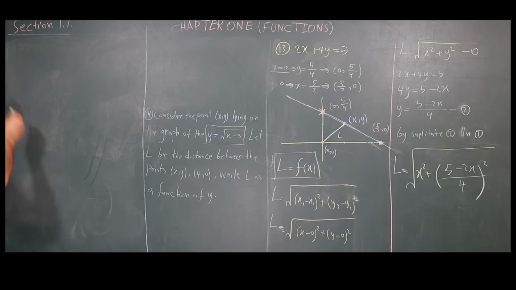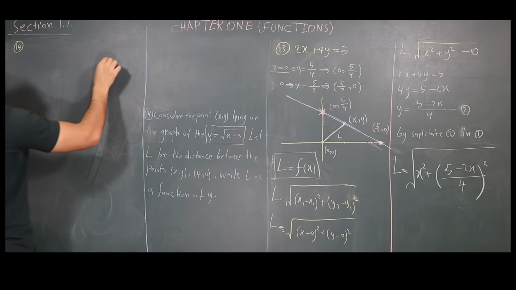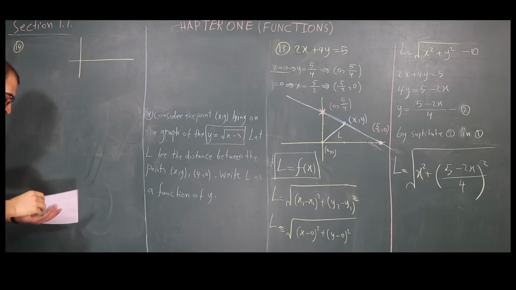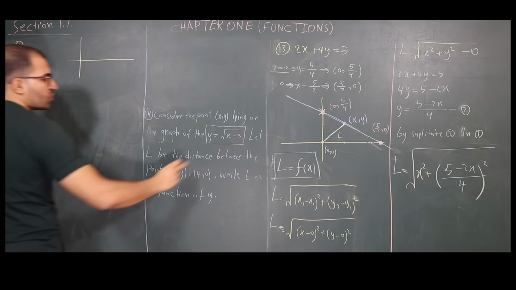I think it's not very difficult to solve this question because we've already solved a similar one. I love to plot things to make them clear, and we have this function, y equal to the square root of x minus 3.